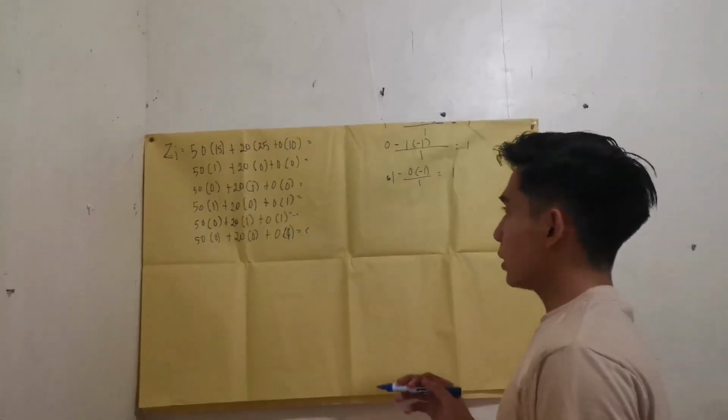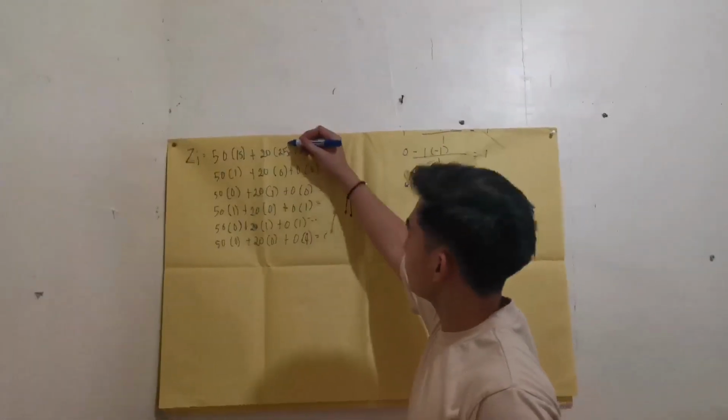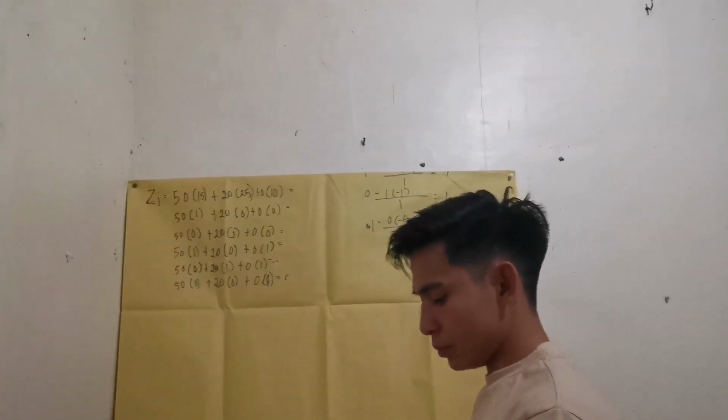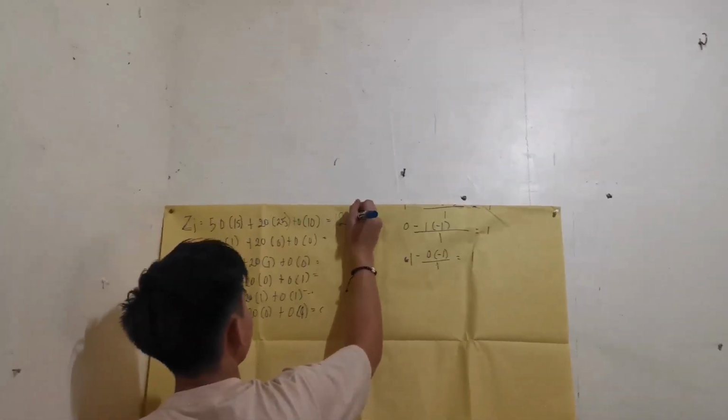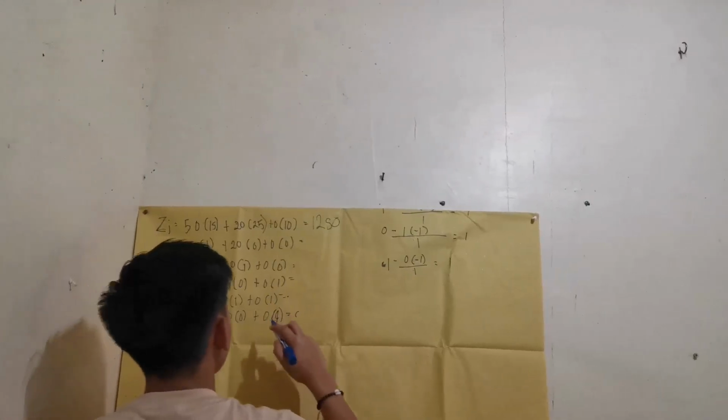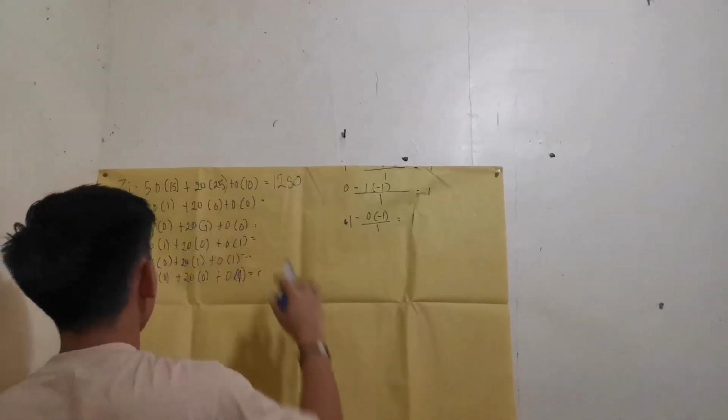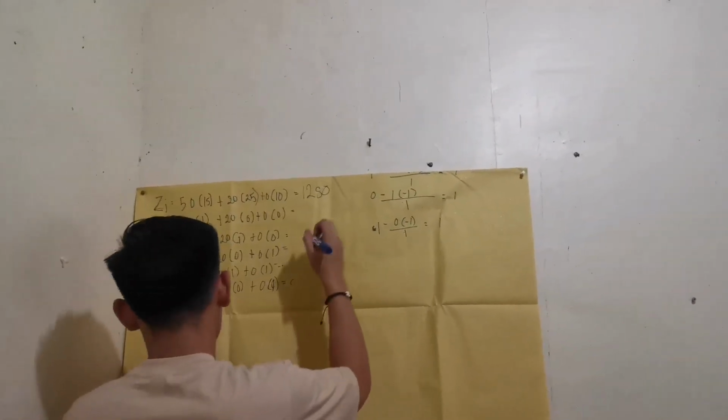So, 50 times 15 plus 20 times 25 plus 0 times 10 is 1,250. And then, we calculate lang yung lahat.